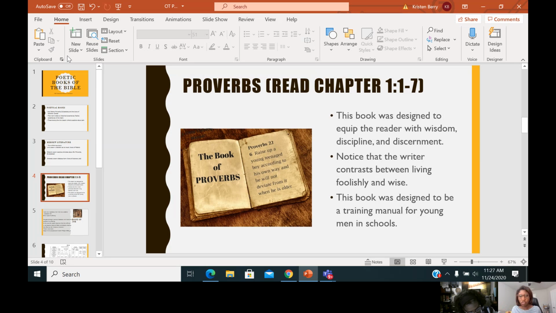All right, so I also want you to see something else, because of course we can't get through everything. In the book of Proverbs, you will also see a contrast between foolish living and wise living. I think you just read it, Opal, where you said, but fools despise wisdom and instruction. Verse 7.